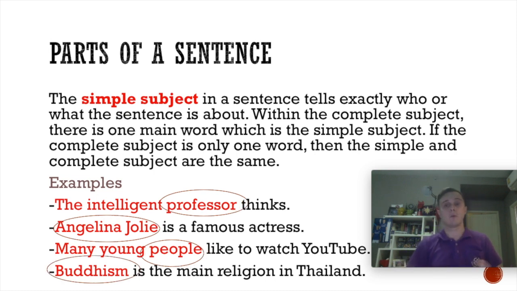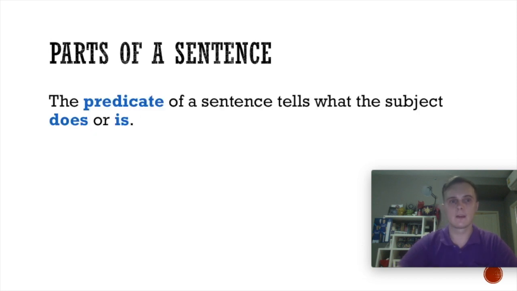Okay, now we're going to move on to the predicate in a sentence. So hopefully you remember what the predicate is. The predicate tells what the subject does or what the subject is. So we've just spent the last few minutes talking about the subject. You know that the subject is who or what the sentence is about.